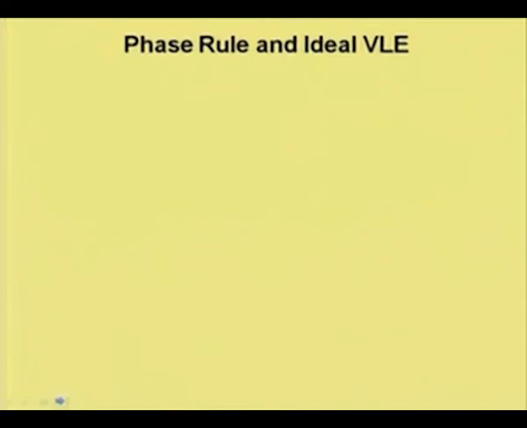Now, we will discuss phase rule and ideal VLE. If two phases are not in equilibrium, then the transfer of mass from one phase to the other will be proportional to the driving force, which is the departure from the equilibrium. In most of the cases which involve equilibrium, two phases are generally involved.